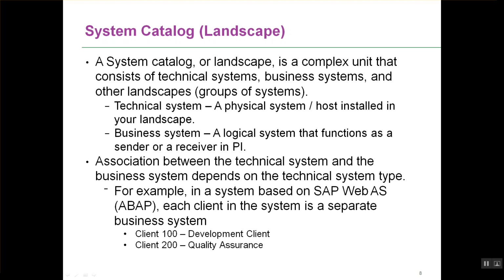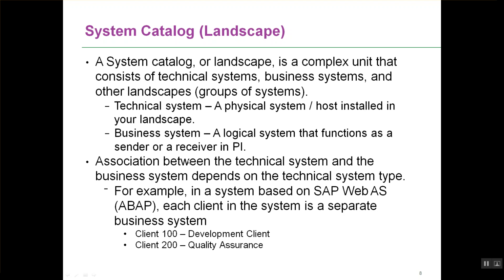And the reason you use a logical wrapper is so that you can use your own naming conventions within the PI development landscape. Okay, a system catalog contains technical systems and business systems. A physical system in your landscape is called a technical system, and a business system is nothing but a logical reference to your technical system that is used as a sender or a receiving system in PI.